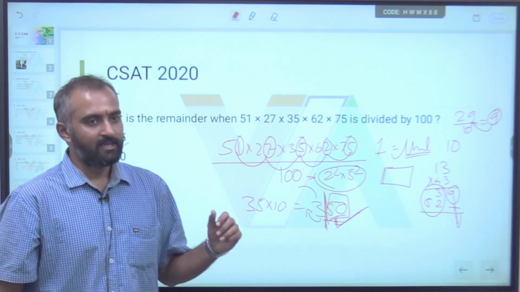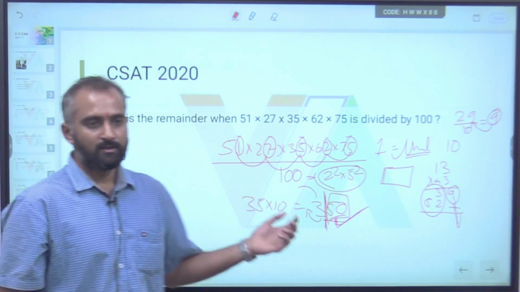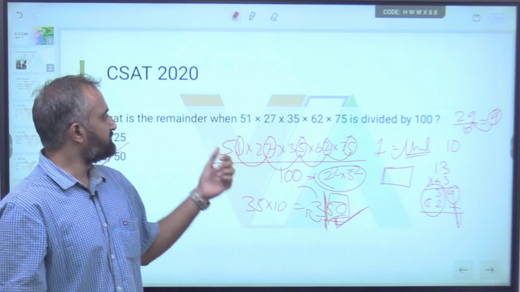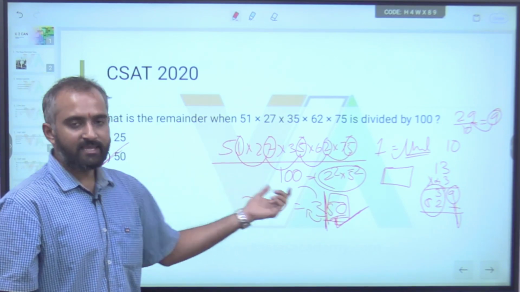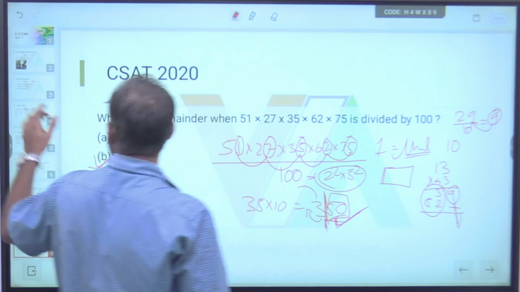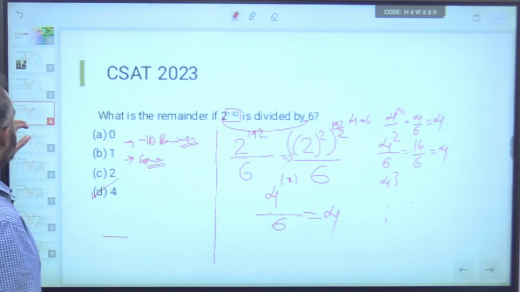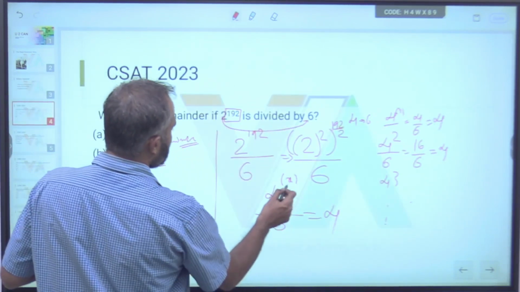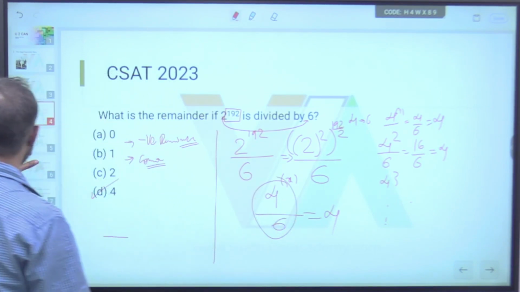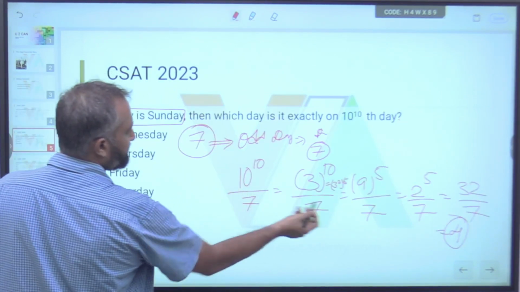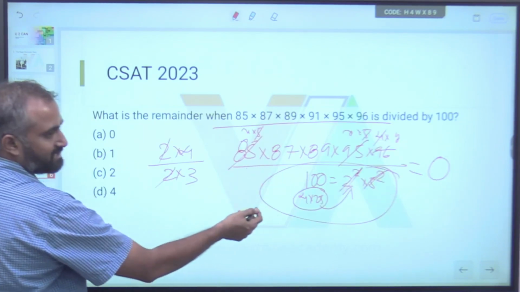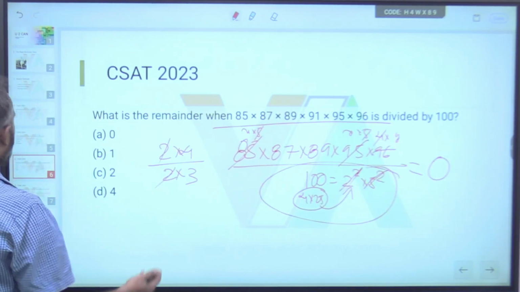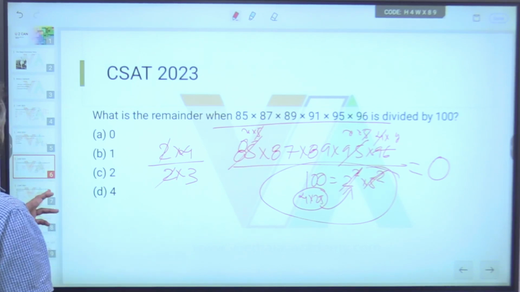Once again, just like in the previous sessions, you only see the attack points and basic principles. There is nothing else we have discussed. Even if you see from the first problem, this is just a property of 4 and 6. Next, basic remainder theorem. This is just cancellation, which we would have learned in first or second class.